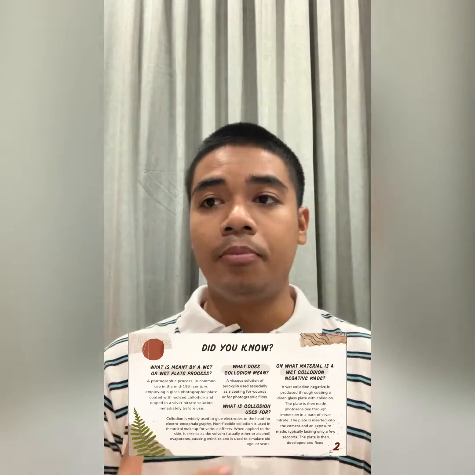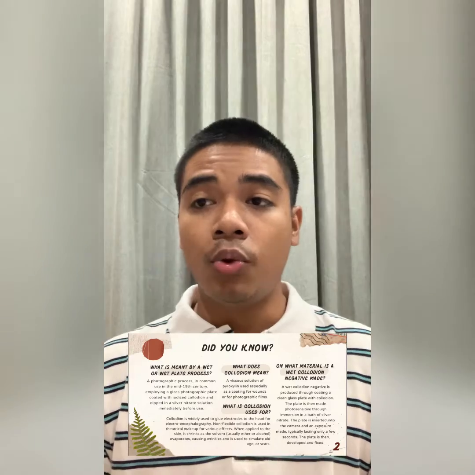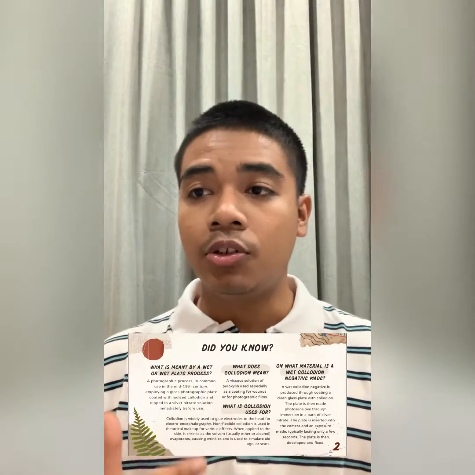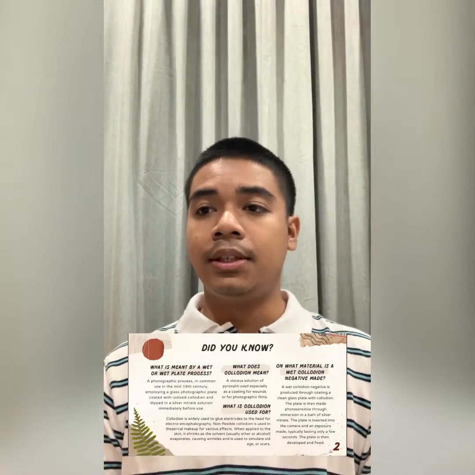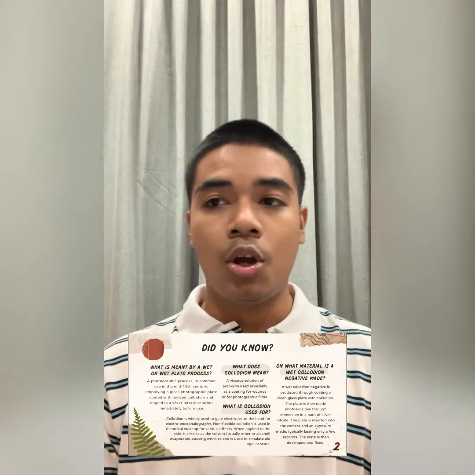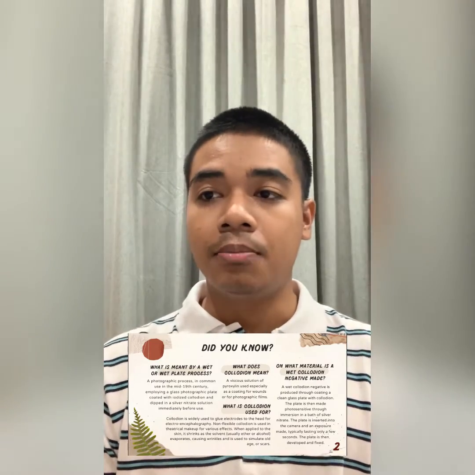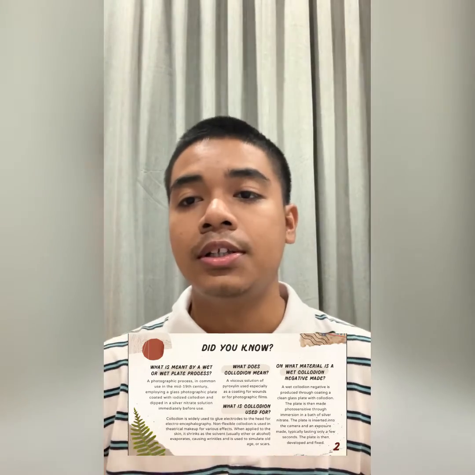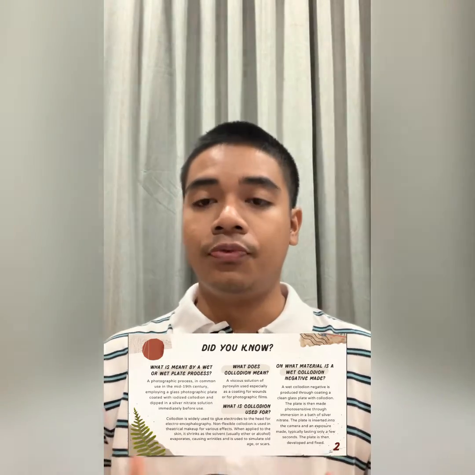The third point: what material is a wet collodion negative made of? A wet collodion negative is produced by coating a clean glass plate with collodion. The plate is then made photosensitive by immersion in a bath of silver nitrate. The last point is, what is collodion used for?